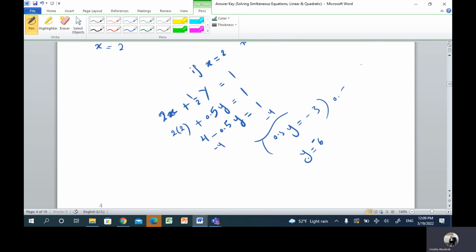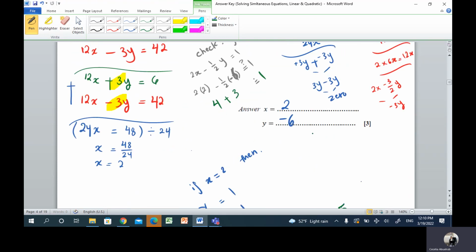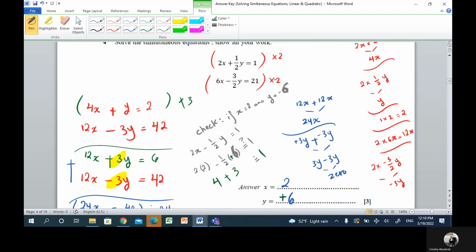It should be minus 4. Oh, sorry, here is the mistake. Here it's minus 0.5. That should be coming down. So we're going to divide each side by negative 0.5. So the answer will be positive 6 for y. So y is actually positive 6. When we substitute y as positive 6 here, the answer will be minus 3.